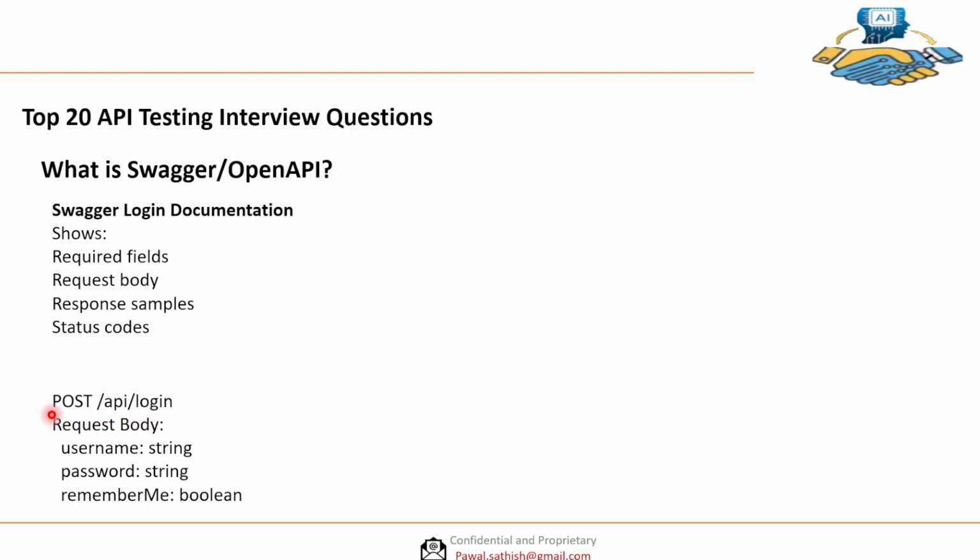This is the API and request body: it shows username is a string, password is a string, remember me is a boolean. Using Swagger we can do manual API testing as well. As I mentioned, Swagger is useful for the login documentation for the API, and all these details are available in Swagger.